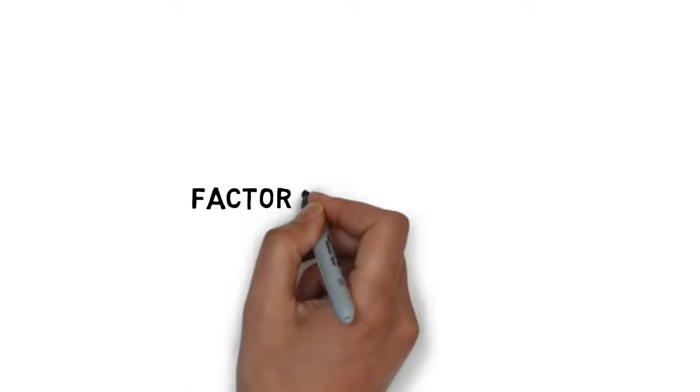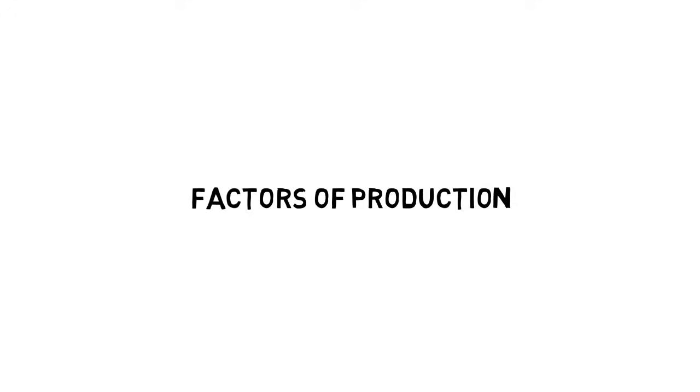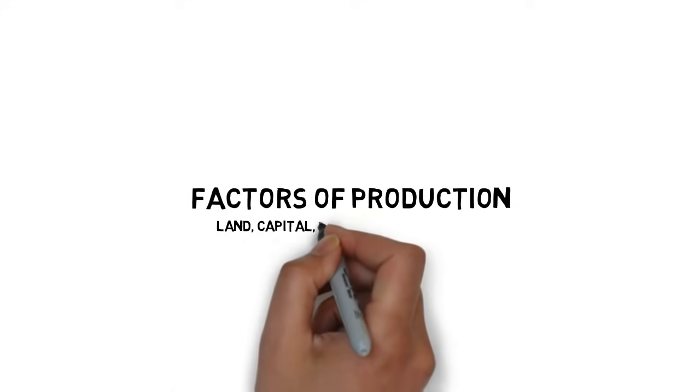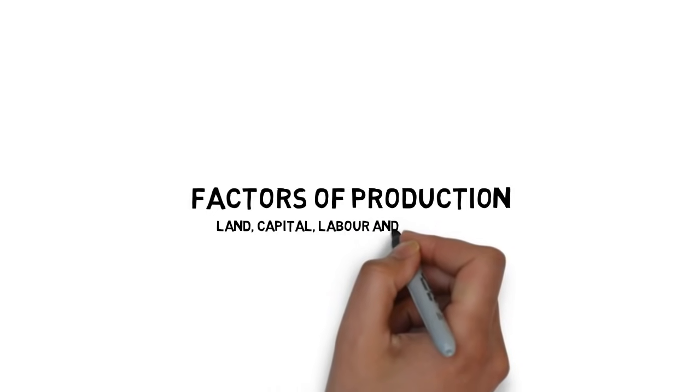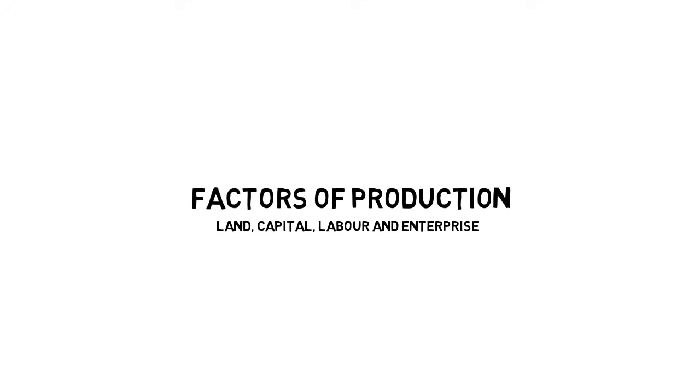To produce services or goods, we need resources. This can be covered by factors of production. There are four factors of production: land, capital, labor, enterprise. I'll break down each so that you understand what each means.